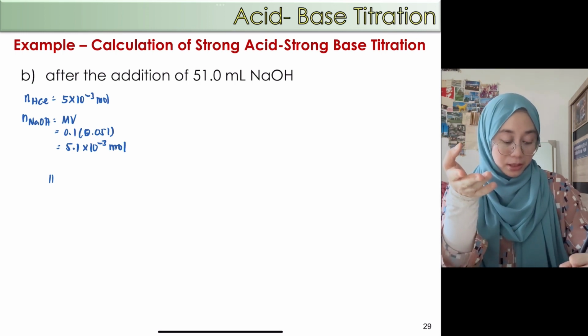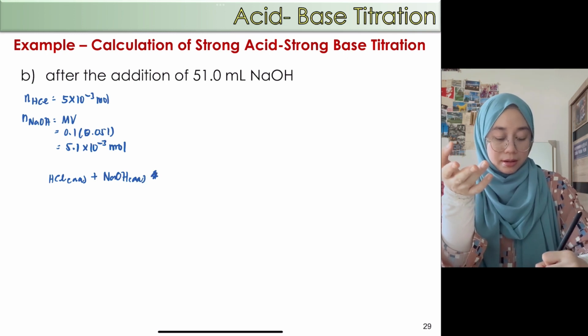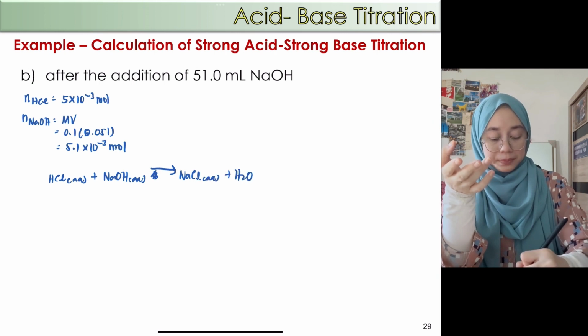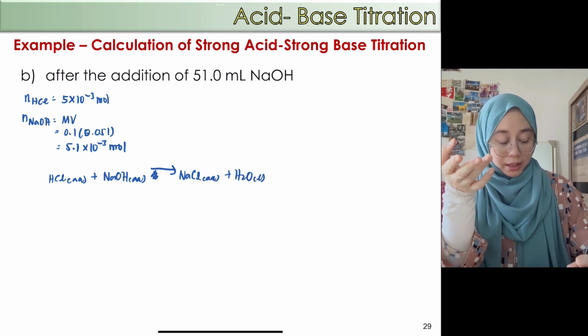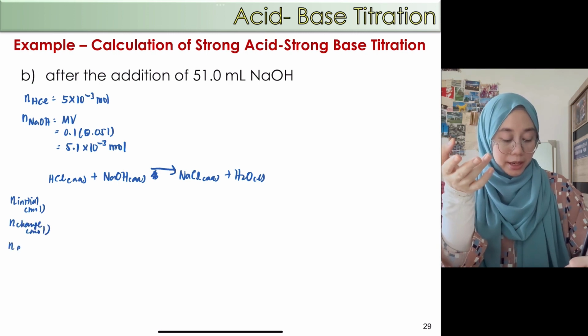So for the ICF table, once again we have to write the equation first. Then we will get NaCl and also water, and then we have N initial in mole, N change in mole, and N final in mole as well.